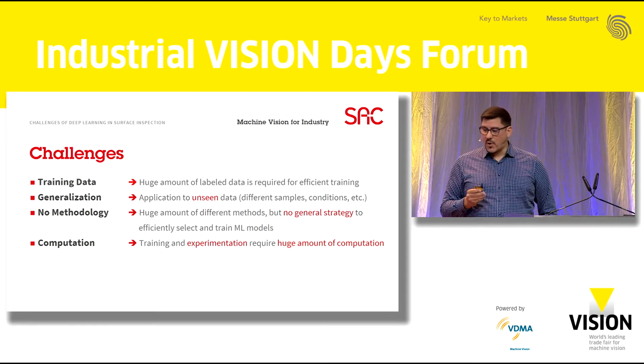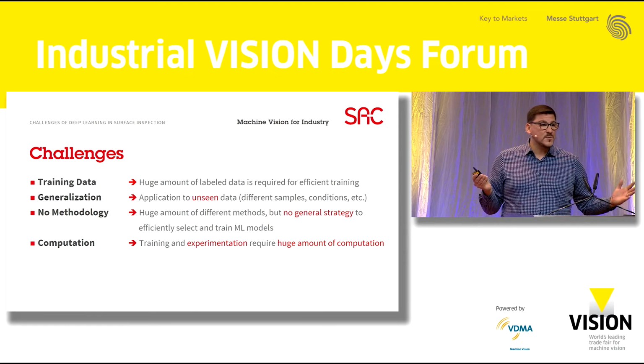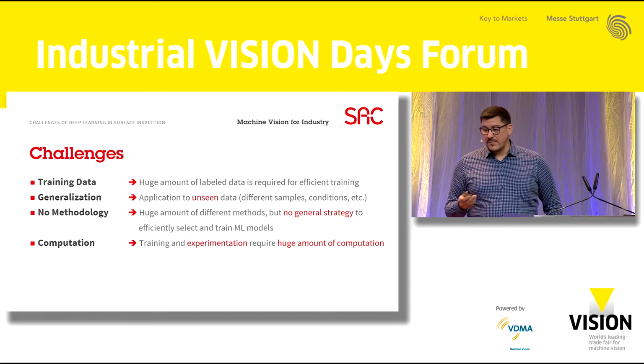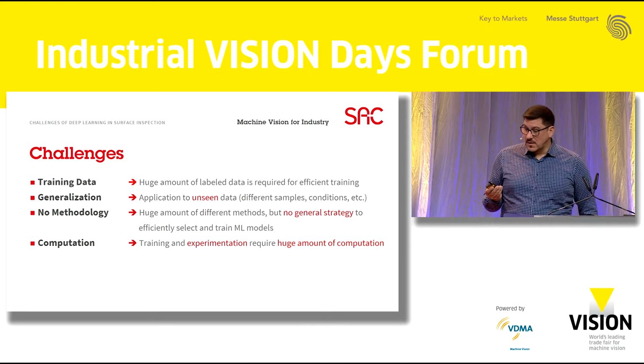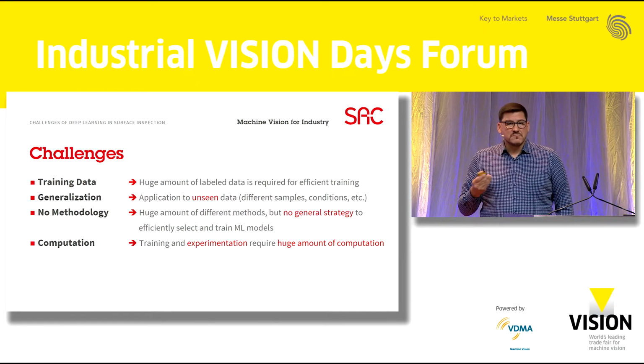Finding and training the perfect model is like an experiment with an uncertain outcome. Training and experimentation require a huge amount of computation. High-performance hardware is needed, which means more acquisition costs.